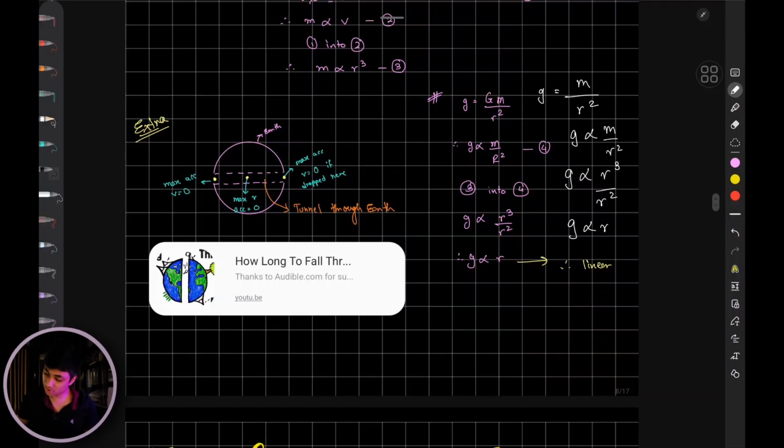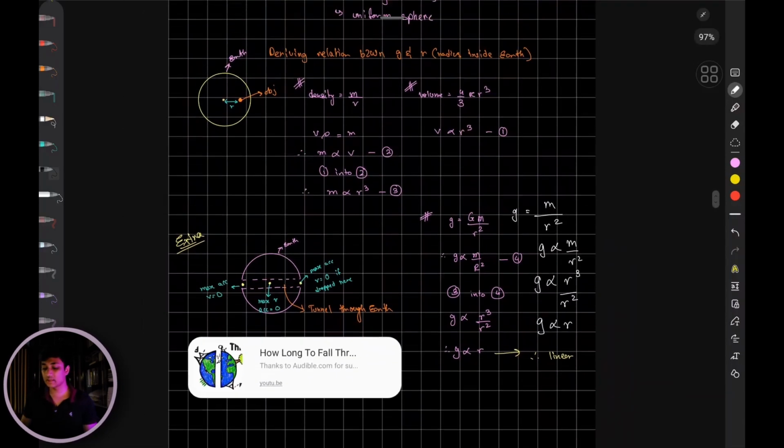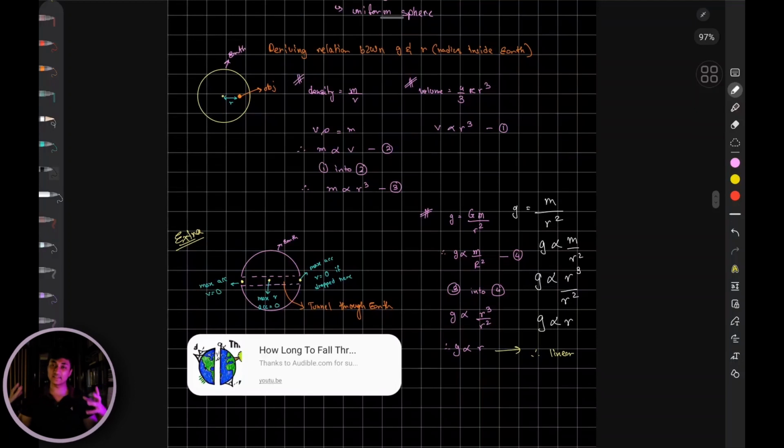And g is proportional to R. Therefore, considering the mass inside Earth, considering the volume of Earth, how does gravitational field strength vary? It is going to vary with respect to the radius, the linear radius, not squared, not cube, not to the power 3, just the radius. That means it's a linear increase or decrease in gravitational field strength with change in radius.